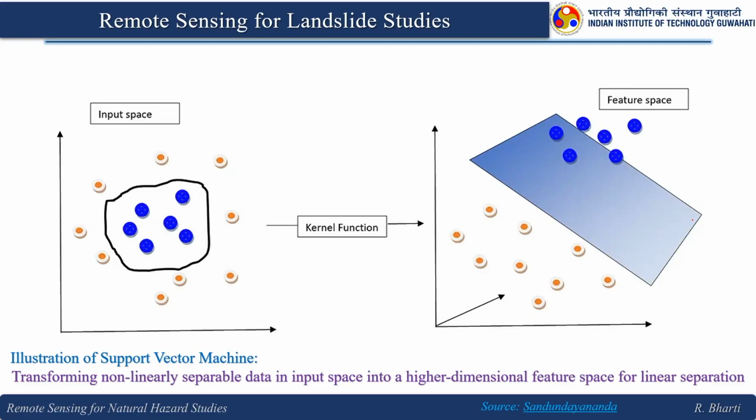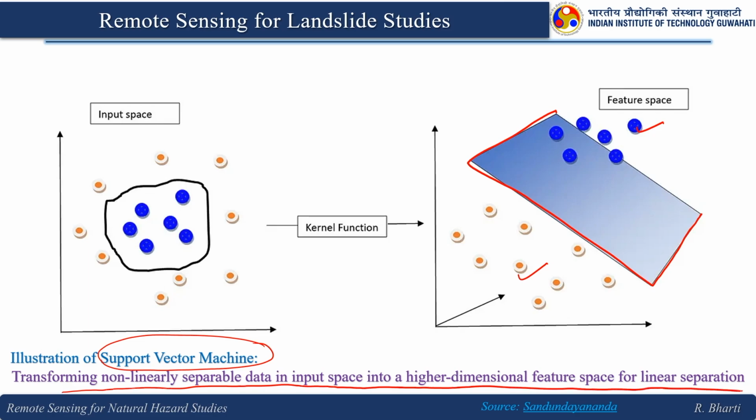It will try to generate this plane that will separate this data set from this data set. That is possible with the support vector machine. Transforming non-linearly separable data in input space into a higher dimensional feature space for linear separation. So, this is very good for separating two information with respect to the landslide studies into two different groups, and that will be able to classify your data set.